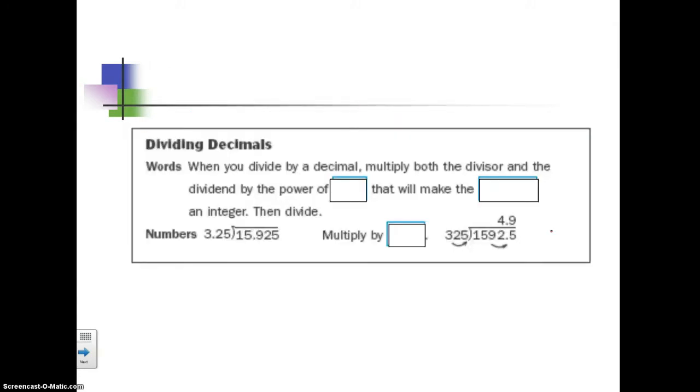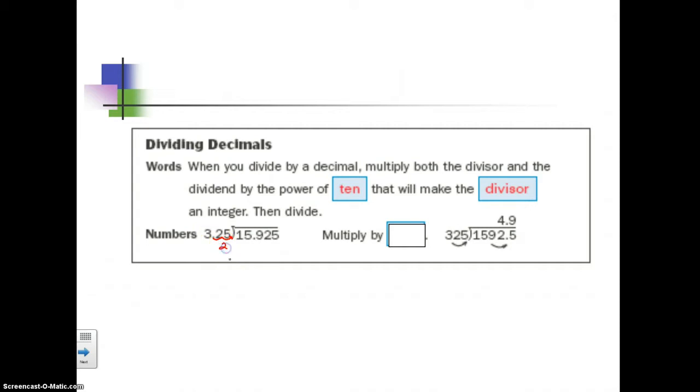When you divide by a decimal, you multiply both the divisor and the dividend by the power of 10. That will make the divisor an integer. Then divide. What you're essentially doing is you are taking the outside number, which is the divisor, and moving it until it hits the division sign.